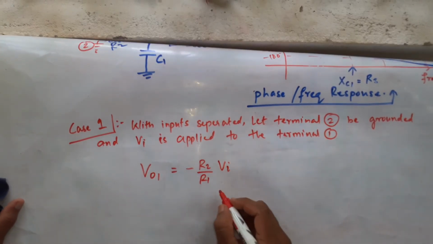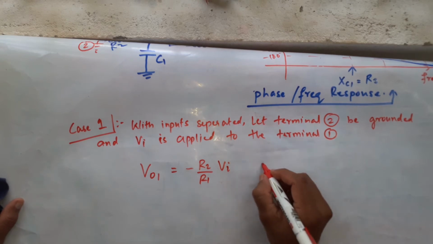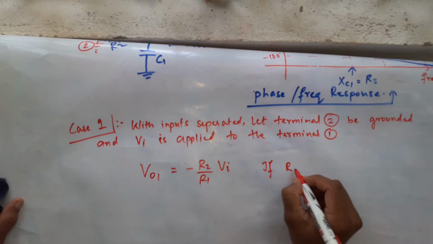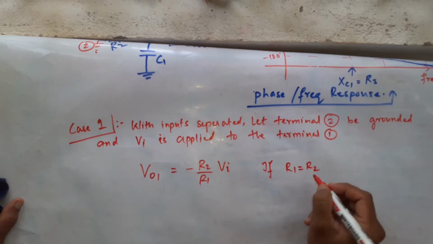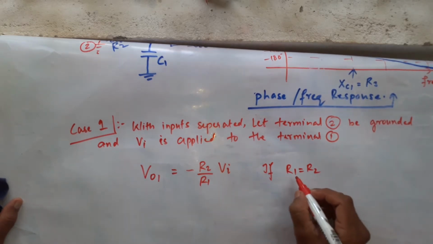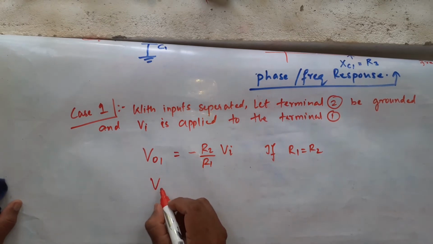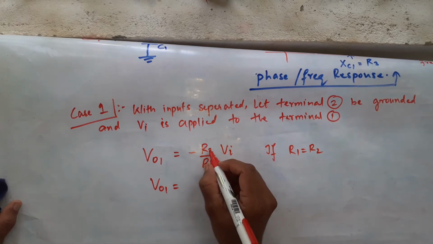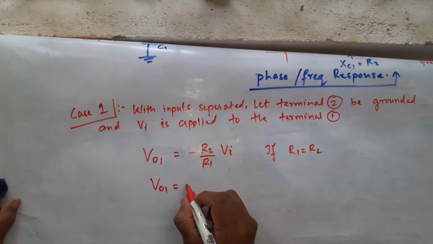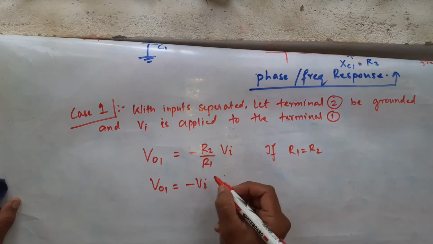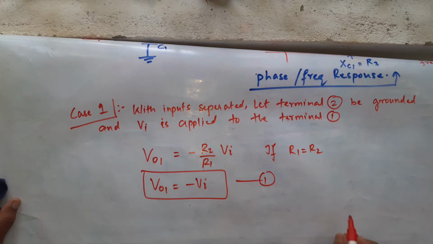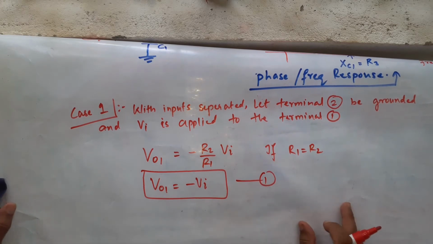Now if R1 is equal to R2, meaning feedback resistance equal to input resistance, then V output is equal to minus 1 by 1 into V input, so your output becomes minus V in. So this is your equation 1.